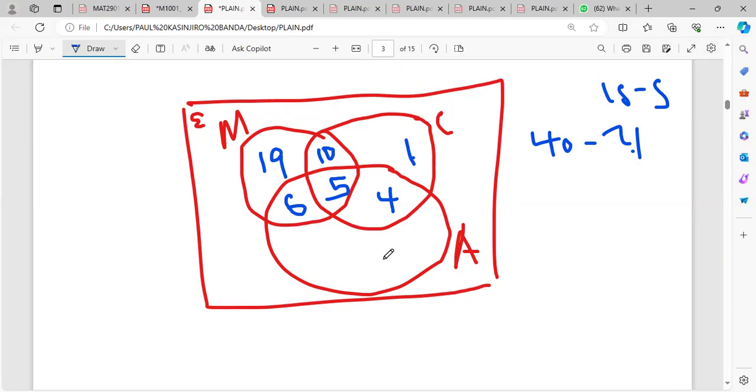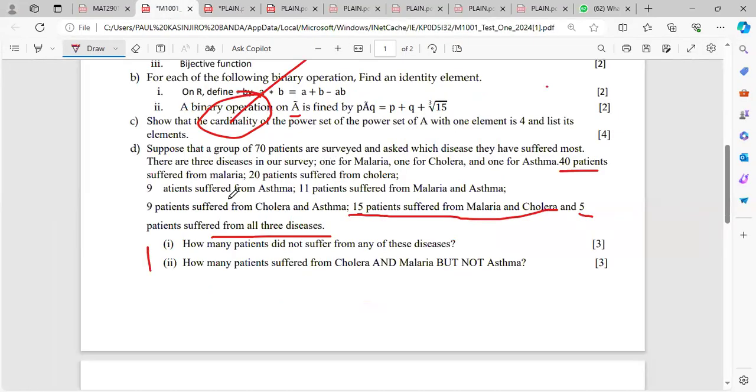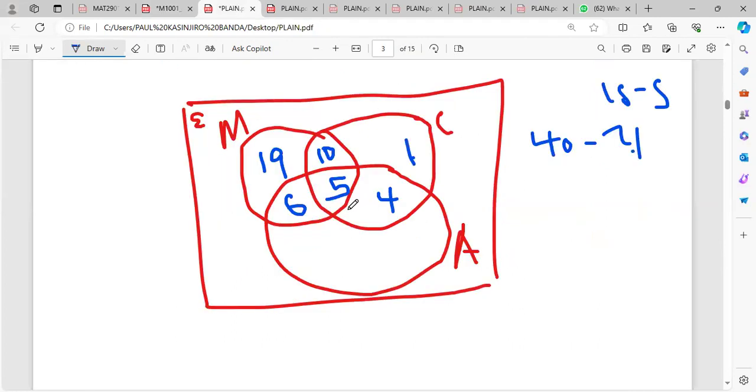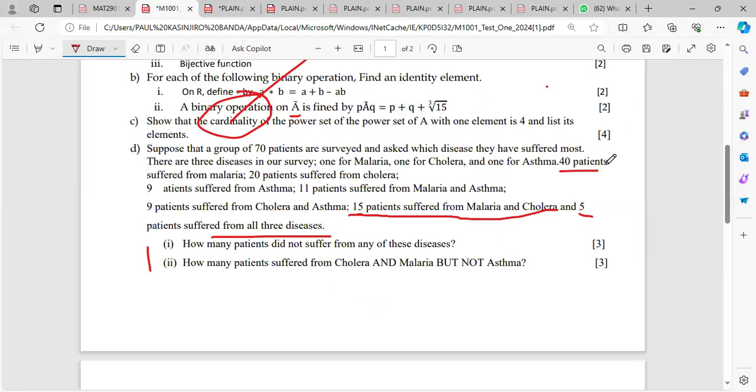And then how many suffered from the asthma? Okay, I've forgotten the number. So asthma, 9 patients suffered from asthma. Is that correct? No. Let me check again. Okay, it's 30 patients.